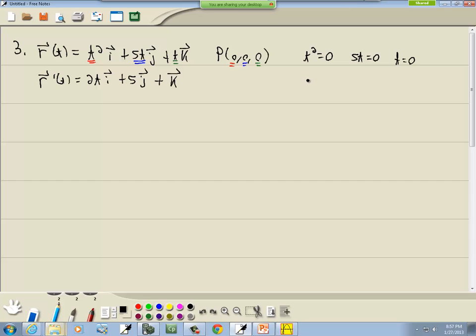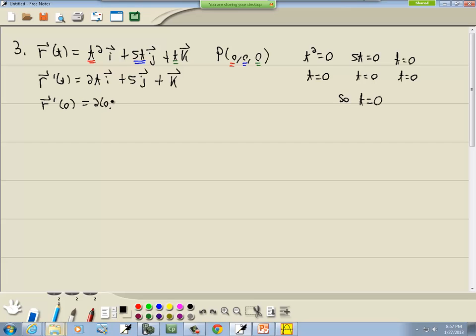Now if I solve each one of these, I get t is equal to 0, t is equal to 0, and t is equal to 0. We're looking for what these have in common, unless one of these is always true, like 5 equals 5 type of deal. Well, obviously, they all have t is equal to 0, so that's what we're going with. So over here then, I'm going to plug in 0.